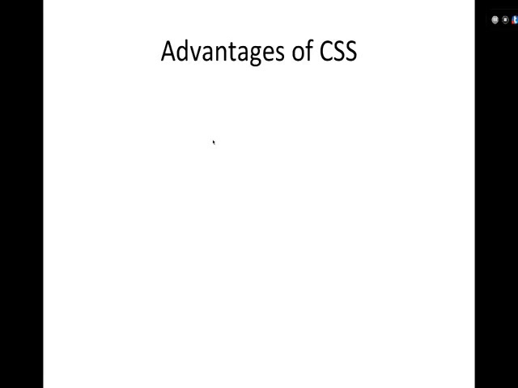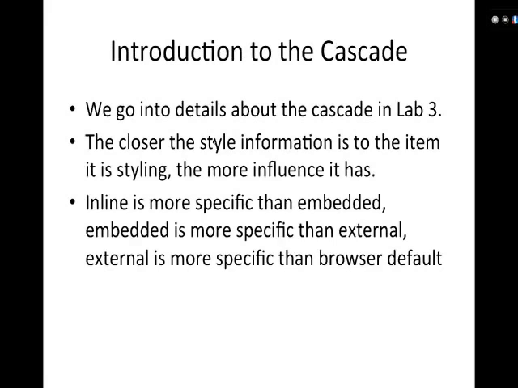We can set up rules that will apply to an individual page, or we can set up rules that apply to an individual element or a group of elements in a single page. Once we understand the Cascade and how you use the different types of style sheets, it allows you a lot more control with a lot less coding. So it's a real time saver in the way that we approach the way that we present the information in our pages.